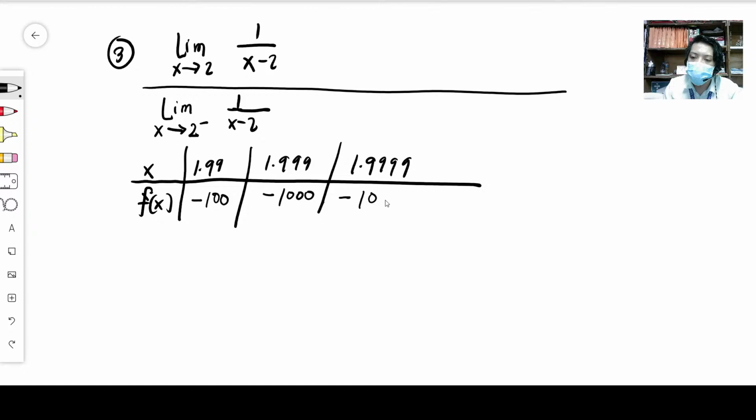So you see, as x approaches 2, the values of your function, the values of f of x, increase without bound.